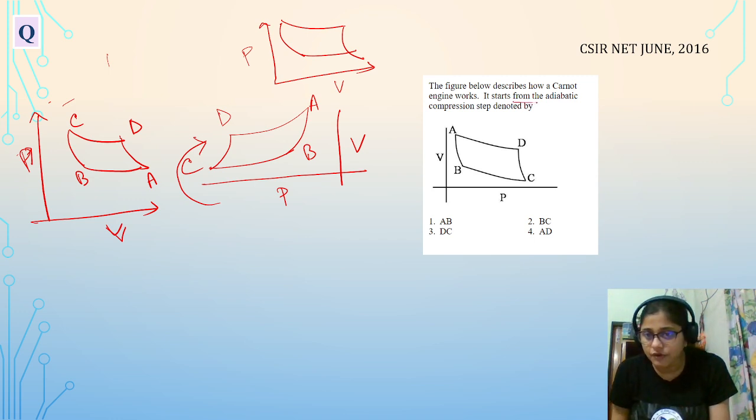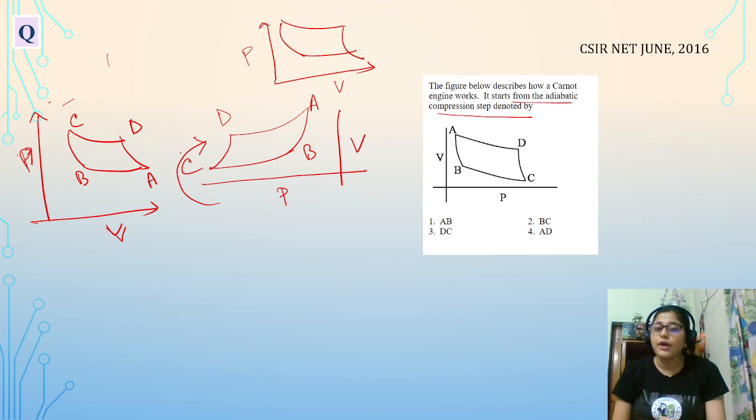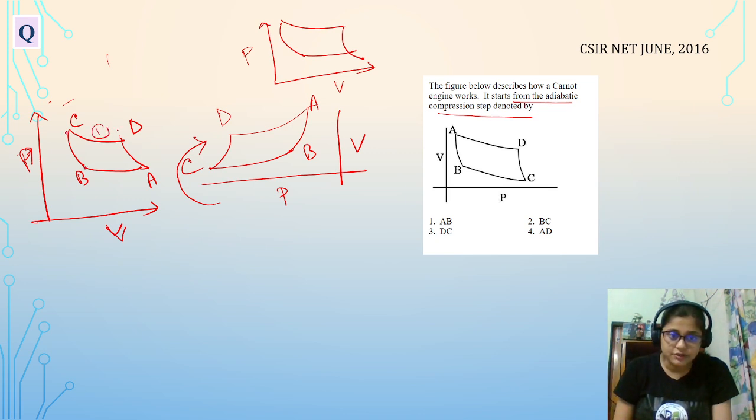Here it is written that it starts from an adiabatic compression step, which we now have to find. One step is isothermal expansion, two is adiabatic expansion, three is isothermal compression, and the fourth step is adiabatic compression. So the correct option will be the BC step.